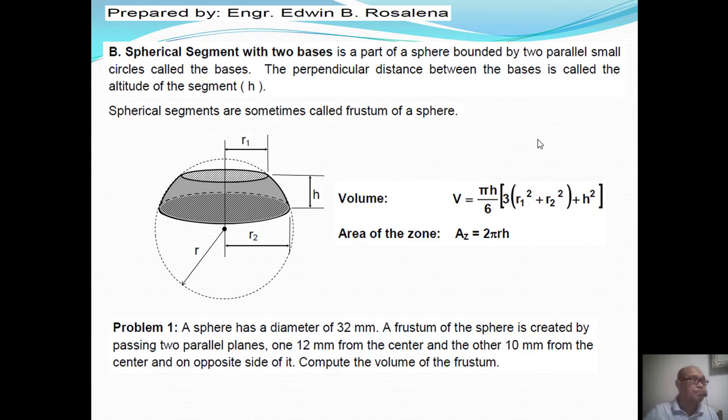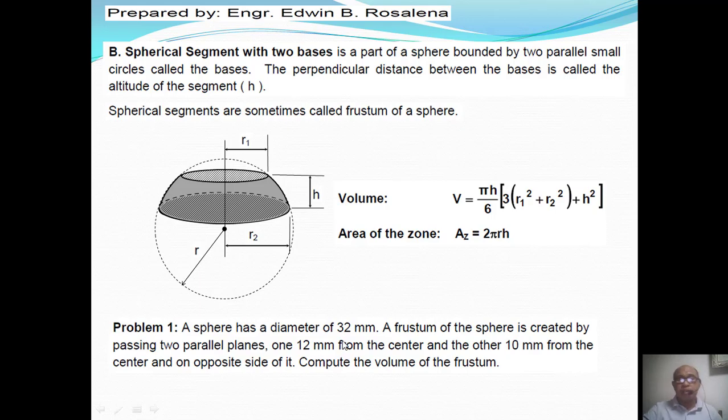Okay, so representative problem. I think may isa. Okay, so we have here: a sphere has a diameter of 32 mm. A frustum of a sphere is created by passing two parallel planes, one 12 mm from the center and the other 10 mm from the center, and on opposite sides of it. Compute the volume of the frustum.